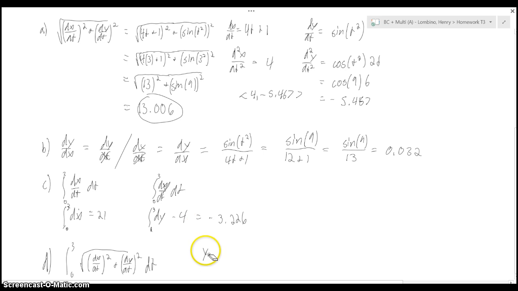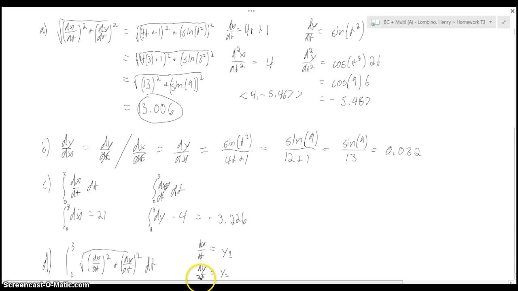Just so you get an idea of how to plug this into a calculator: for problem C, I already have the equations for dx/dt and dy/dt in my calculator. I have dx/dt as y1 and dy/dt as y2.